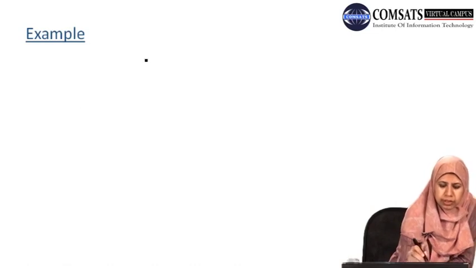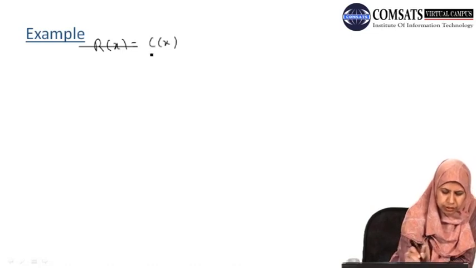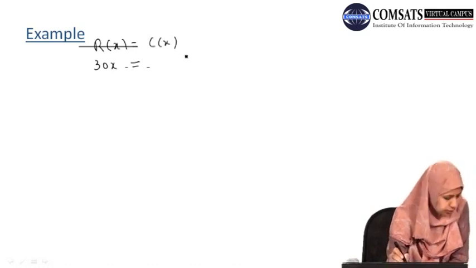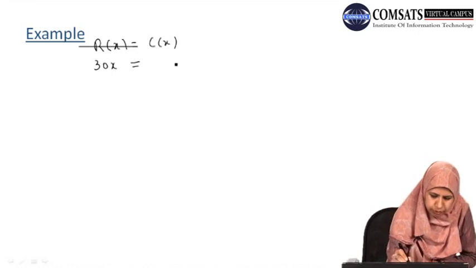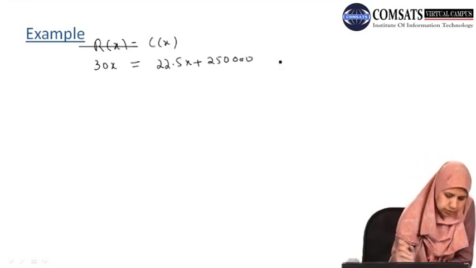That is our third step, when the revenue function is equal to the cost function. Our revenue function is 30x and our cost function is 22.5x plus 250,000.